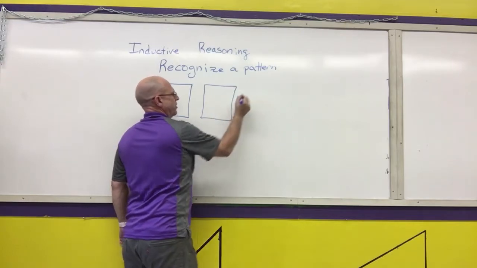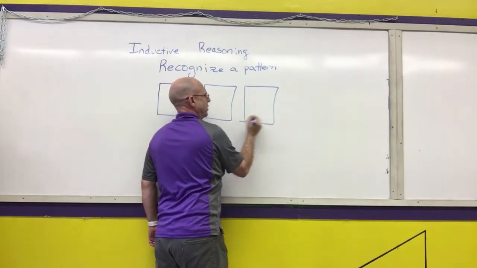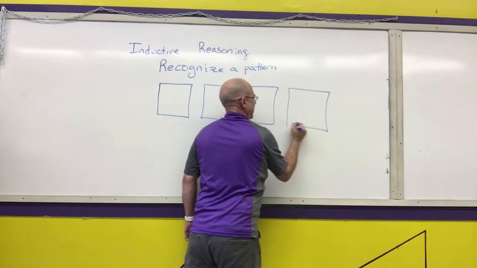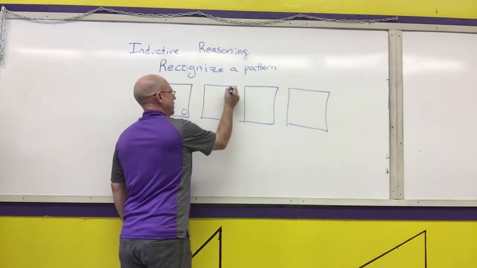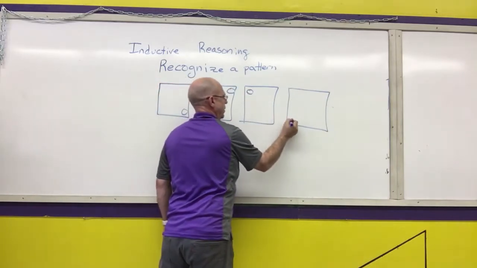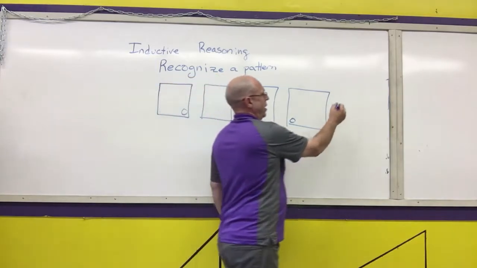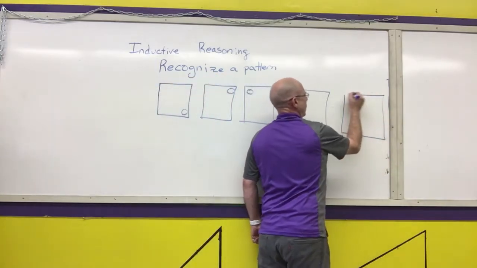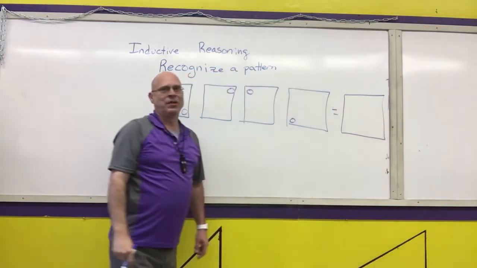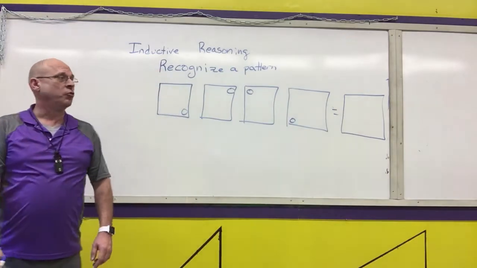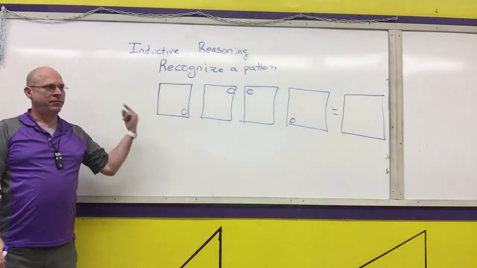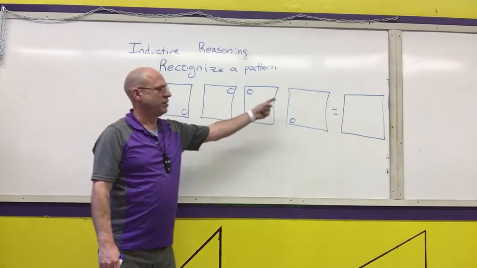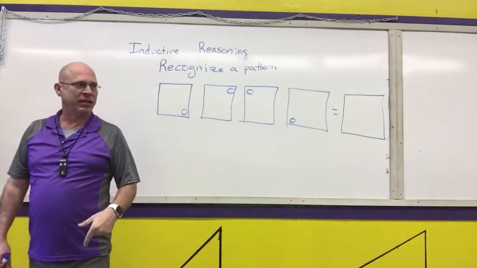I'm going to take these 4 blocks, and I want to know what that last block is going to look like. We're trying to recognize a pattern from this block to this one to this one to this one to come up with what the last one's going to look like.